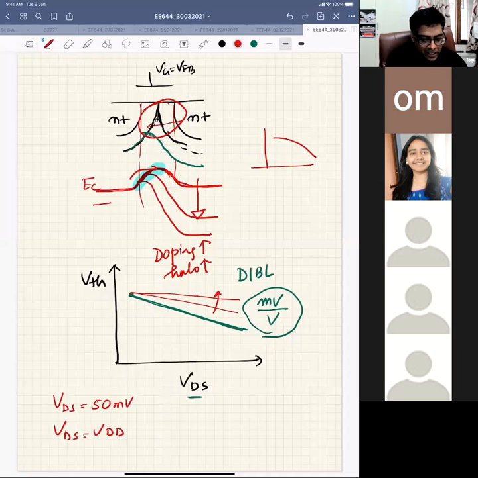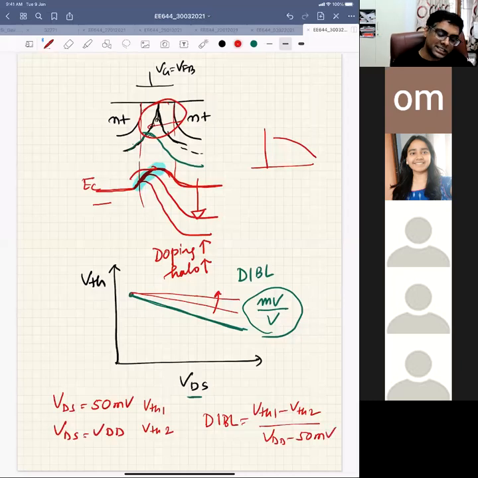You measure VTH here, and you measure VTH here. Let's say this is VTH1, this is VTH2. Your DIBL is VTH1 minus VTH2 divided by VDD minus 50 millivolt. This is the standard technique. You don't measure in between, because you will use your transistor at VDS equal to VDD most of the time, so you take this point. And when VDS is very small, that means it's the linear region, so linear VDS equal to 50 millivolt.